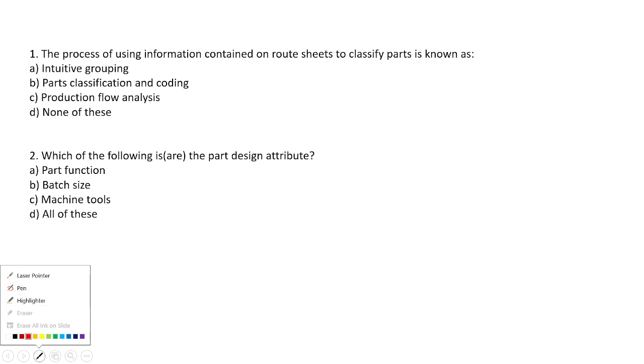Classification and coding identifies the similarities and differences among parts based on the coding scheme itself. Production flow analysis uses the information contained on the route sheets to classify the different parts. So the right option for this will be option C, that is production flow analysis.